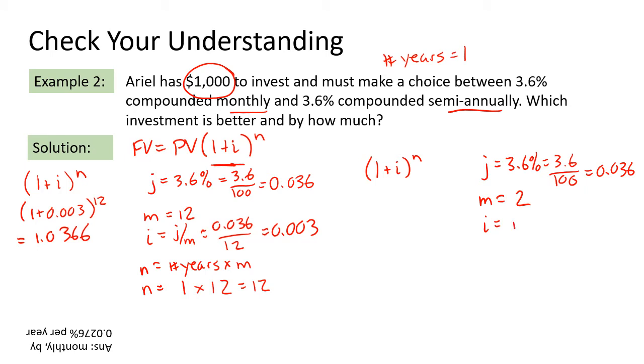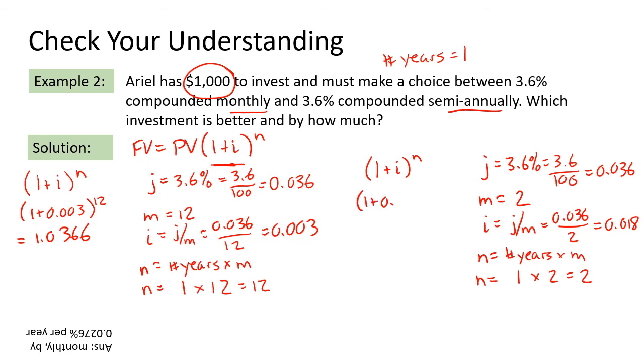Our periodic interest rate, I, is j divided by m, which is 0.036 divided by 2, which is equal to 0.018. Now again, we assume the number of years is 1, so n is equal to the number of years multiplied by m, the number of compounding periods per year. So n is equal to 1 multiplied by 2, which gives you 2. So substituting those values into our equation, we have 1 plus 0.018 all to the exponent 2.